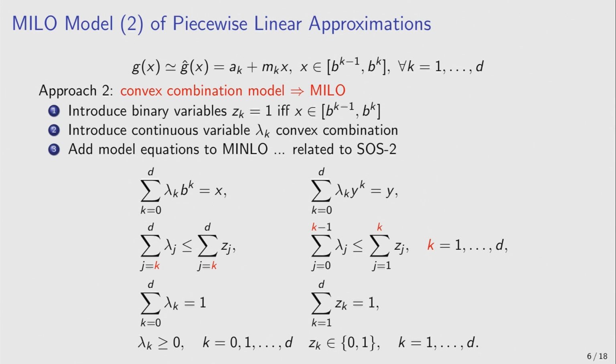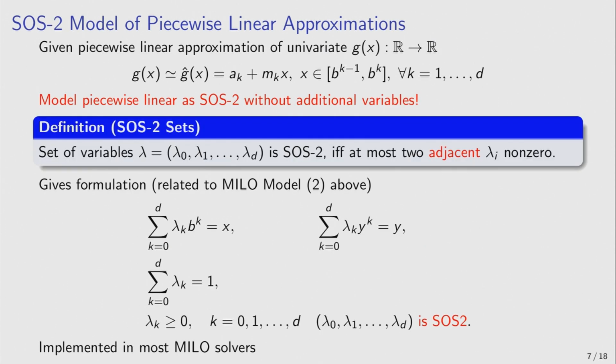So we can eliminate all the zk variables here, and we're just left with the constraints that tell us that we have a convex combination, and the convex combination of the x point then corresponds to the convex combination of the y point with the same lambda variables. So this is really a neat concept, special ordered set of type 2.